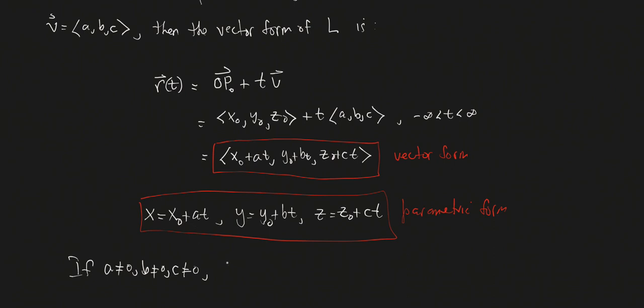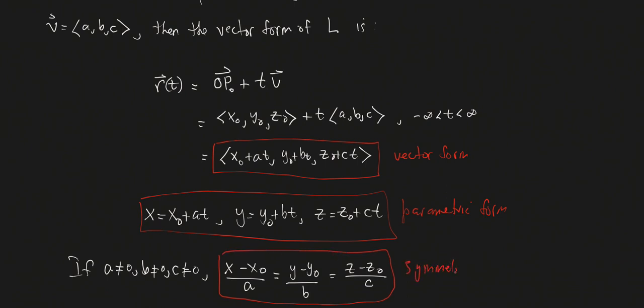So from my x equation, I will get that t is equal to x minus x0 over A, and solving for t from the y equation, I'll get y minus y0 over B. And then finally, solving for t from the third equation gives me z minus z0 over C. All of these being equal to each other like that is referred to as the symmetric form of the line.